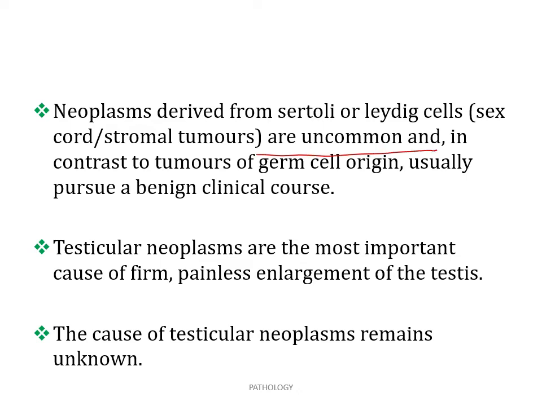These are less common, and in contrast to other tumors of germ cell origin, they usually pursue a benign clinical course. Remember, 90% are germ cell tumors and they are malignant, but those of the supporting structures are benign. In testicular neoplasia, generally we said they are heterogeneous, meaning there is a mixture of germ cell tumor and the other supporting structure that has sex cord stromal tumors.